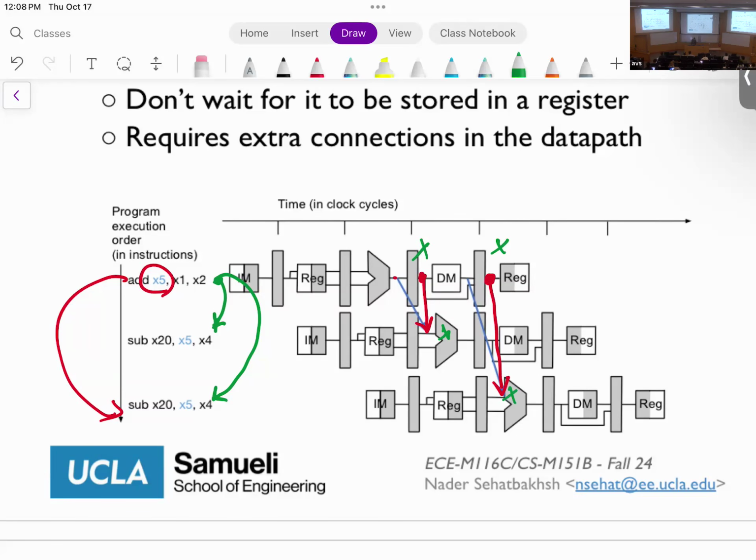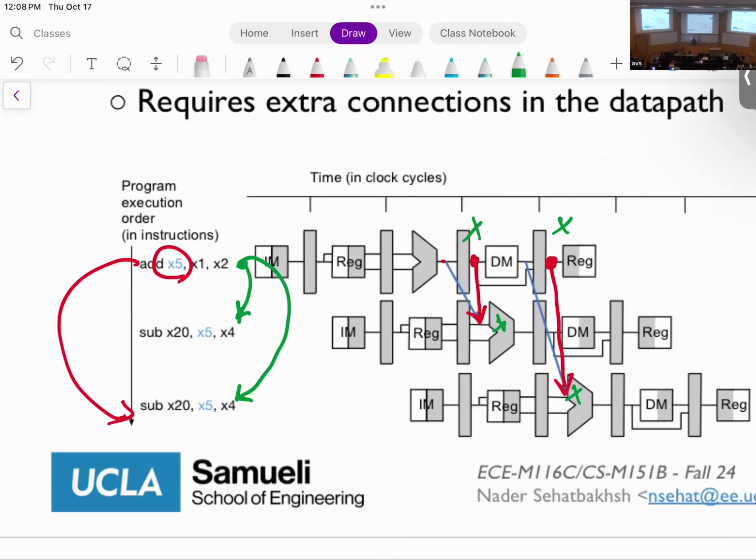Another thing to remember is that you might need to forward to 2 registers. For example, if this one was also X5, then I need to forward from here to here, and I also need to forward from here to here. Same story here. Forwarding could also be chained.